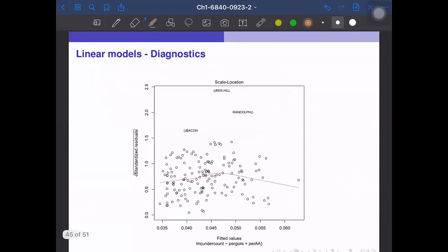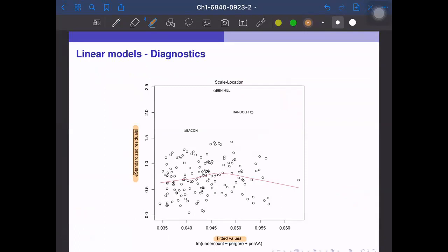Okay, now the third plot. The third plot basically sees if we need some transformation in y especially. And this y-axis is standardized residual. Actually, take absolute value and square root. And this is fitted value.